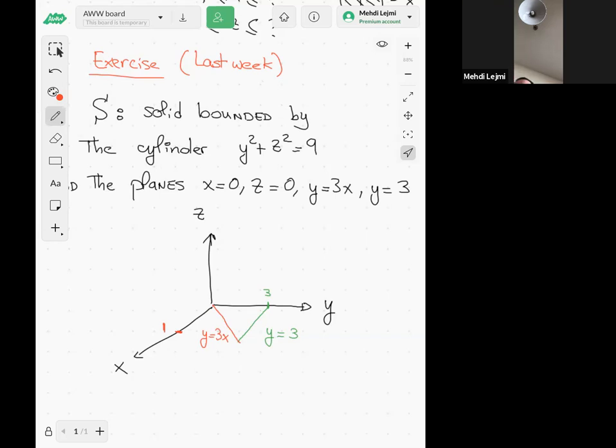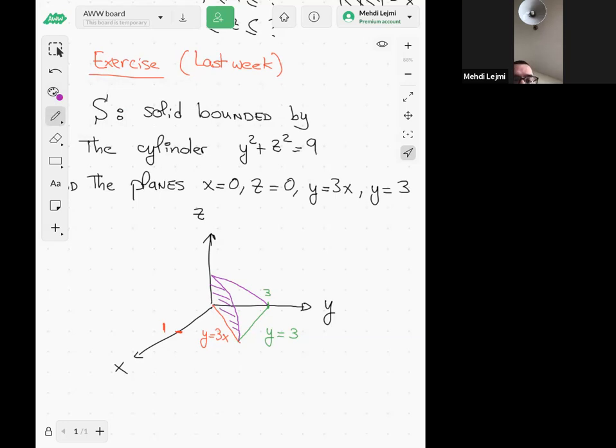In the bottom, we have the xy plane, that's z equals 0. And in the back, we have the yz plane, and that's x equals 0. And then we have the cylinder, so we have something like this here.